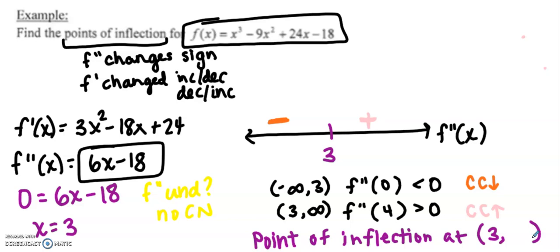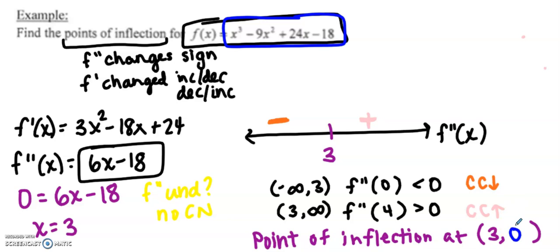Well, what do I do to get my output there? I need to sub in 3 to my original function, right? Anytime we need a y value, we go back to the original function. So I'm going to take 3 to the third power minus 9 times, well, 3 squared is 9, plus 24 times 3 minus 18, and I get an output of 0.